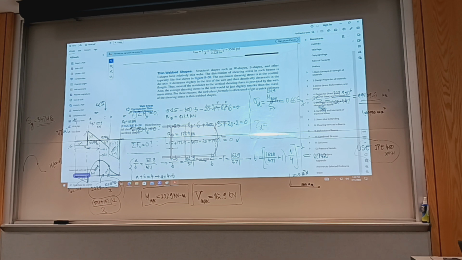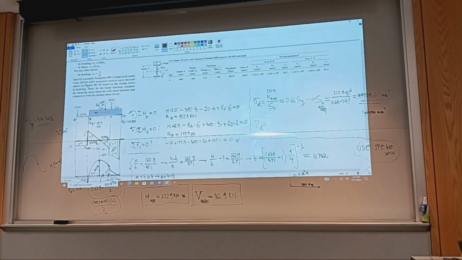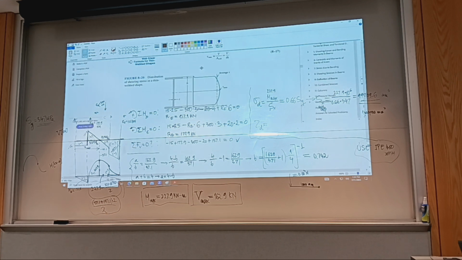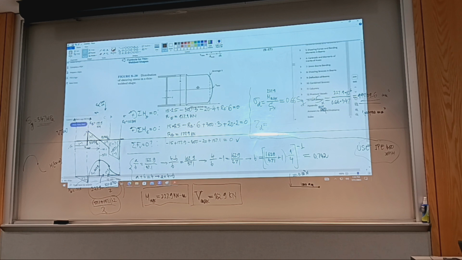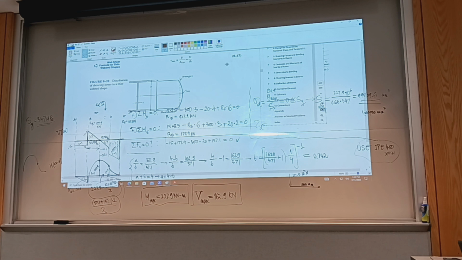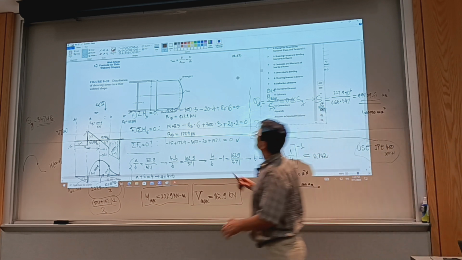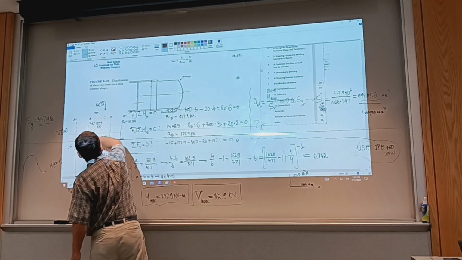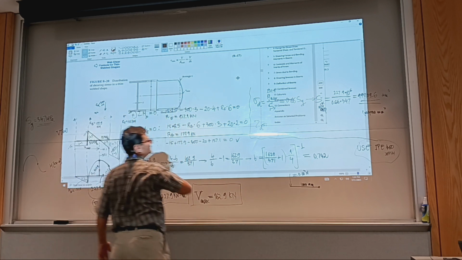So Alt print screen, and I go paste, select transparent, and move it slightly up. So the equation that we're going to use is this approximate equation 8.17. It gives us the maximum shear stress caused by the shear force when we have an I-beam.